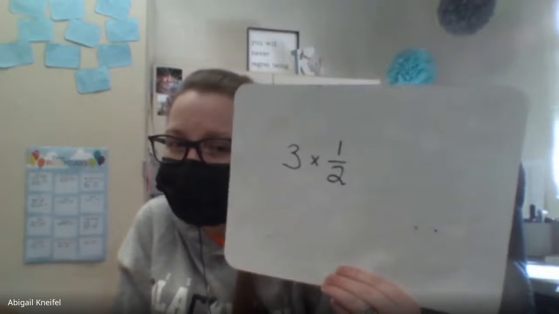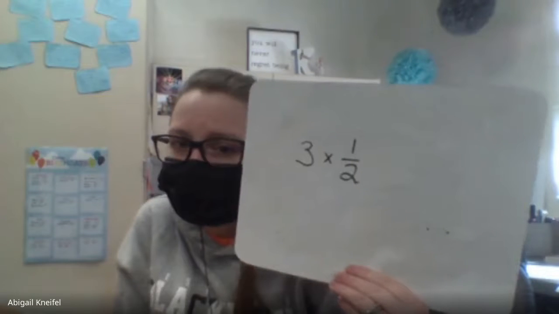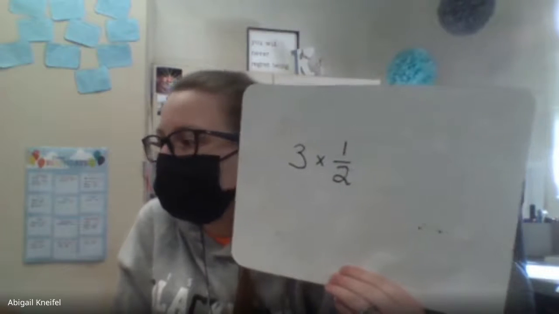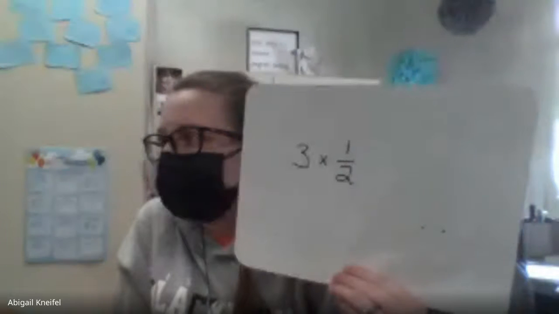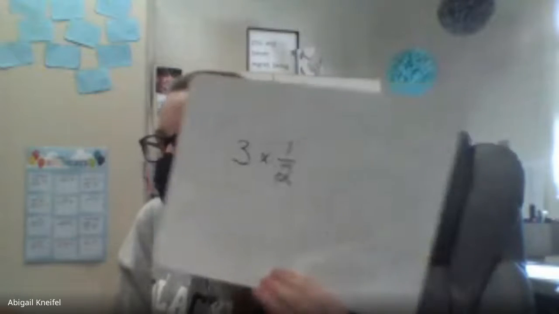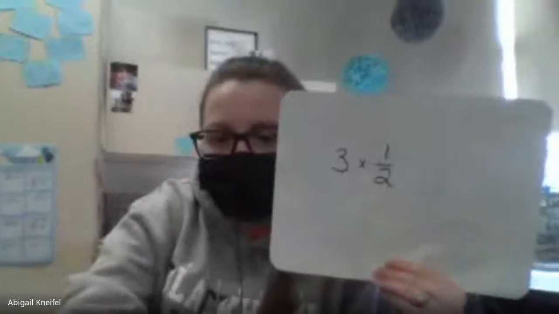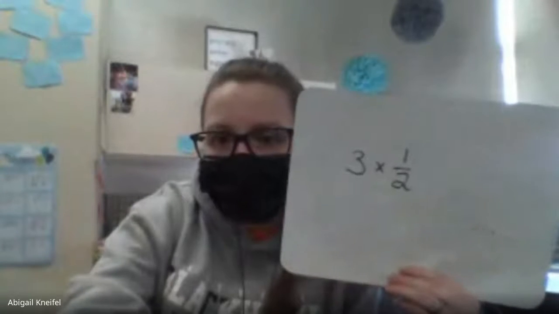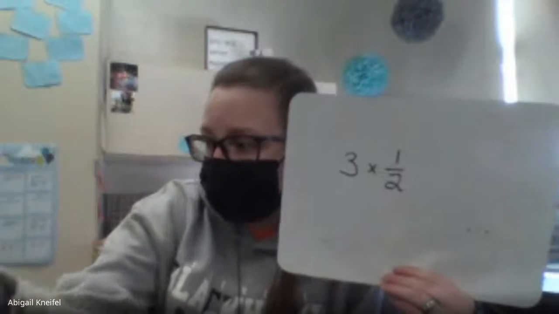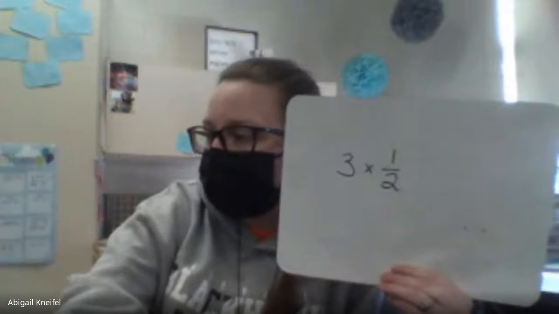Make sure you simplify, if you know how. If not, we'll go over it. What else? Does 3 over 2 make sense?